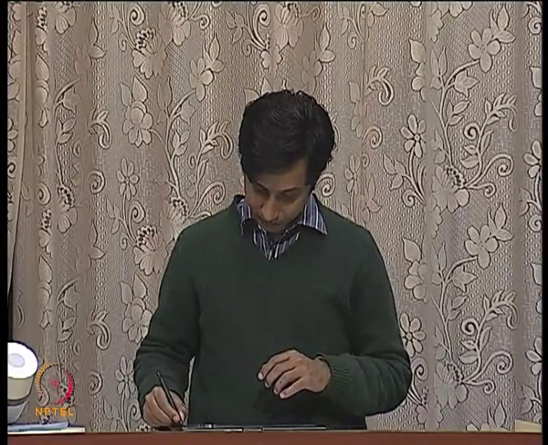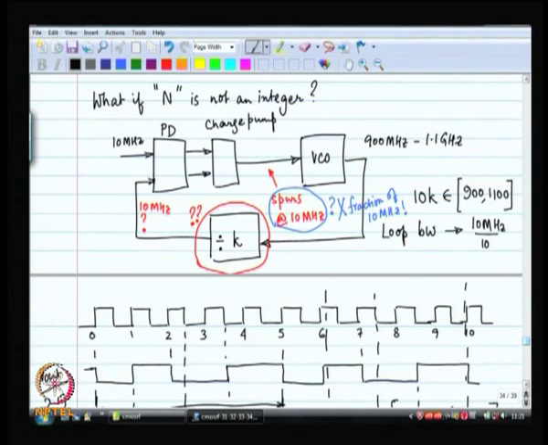Now, just a recap. This is what we wanted to do. We wanted to have the phase lock loop, and on the feedback path I wanted to divide by k.